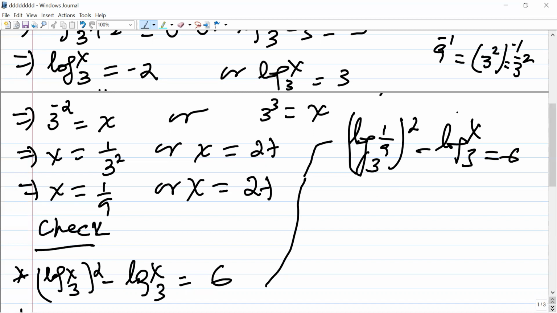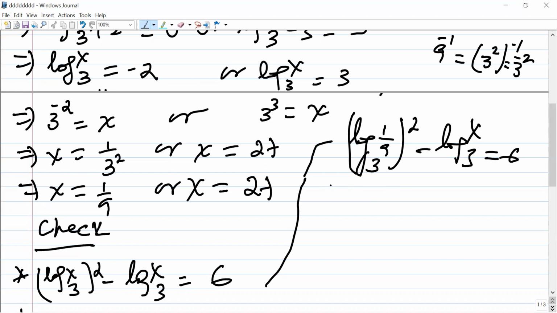Now we bring this -2 outside the logarithm and multiply the logarithm by -2. The logarithmic expression will be log 3 to the base 3, which means 1.